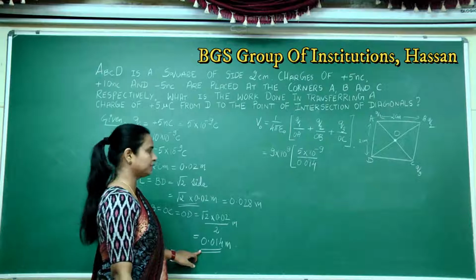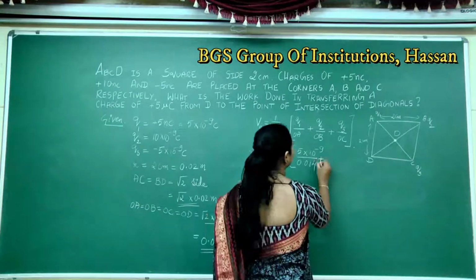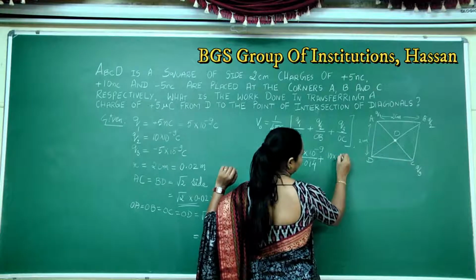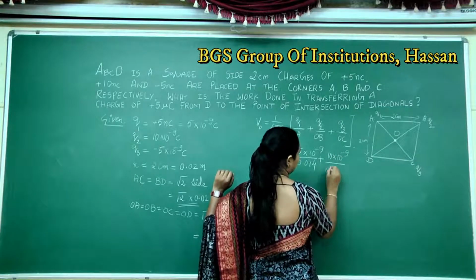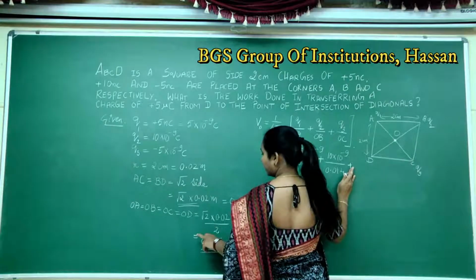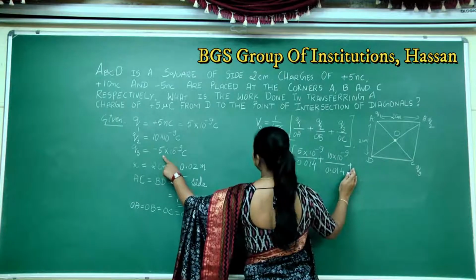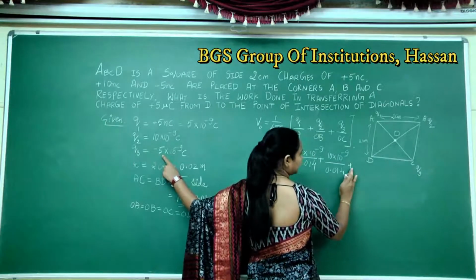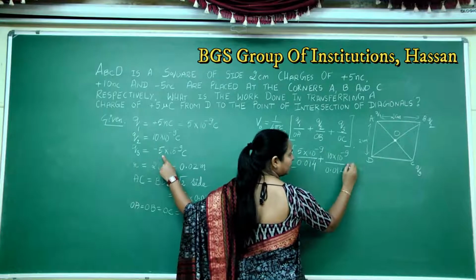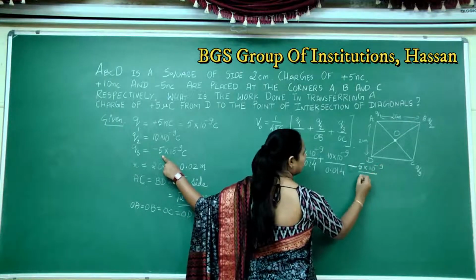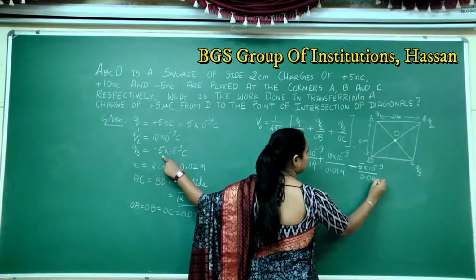OA is 0.014 plus q2 is 10 into 10 power minus 9 divided by 0.014 plus, here it is minus, then plus into minus, directly I will write it as minus 5 into 10 power minus 9 divided by 0.014, isn't it?